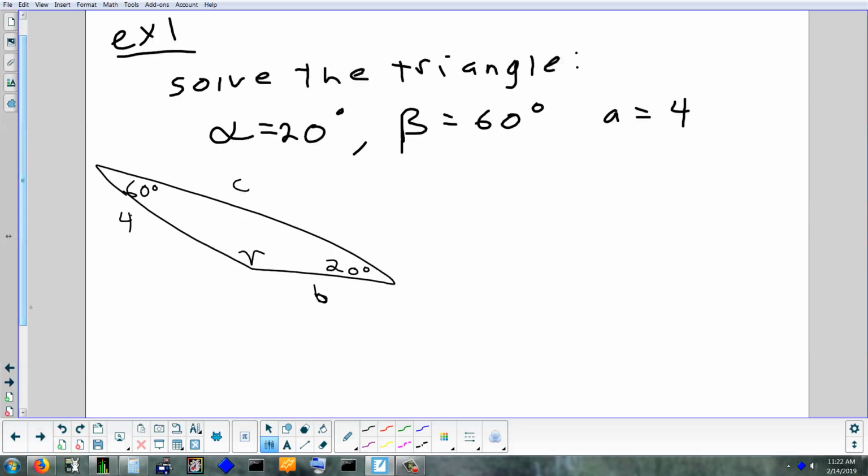If I wanted to describe this triangle using the 3 letters, like A's and S's, what kind of triangle is this one? Look at the information you're given and look at where the side is in relation to the 2 angles. Yep. Angle, side, angle. Nope, this one's not angle, side, angle.